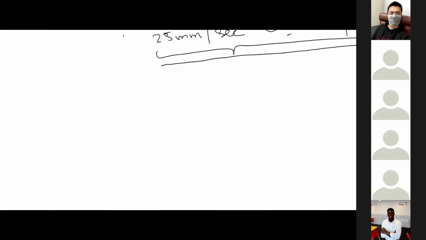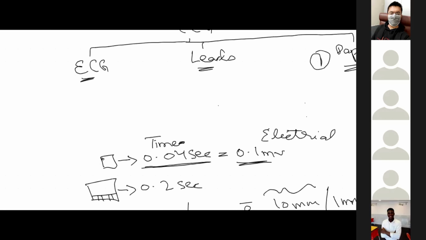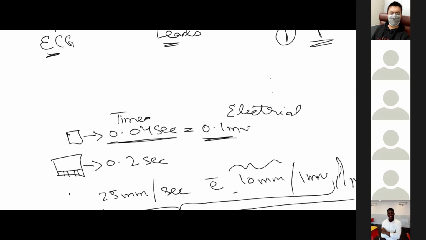As we discussed, one small box is 0.04 seconds, and one big box is equal to 0.2 seconds. With the electrical correlation, one small box is equal to 0.1 millivolt.